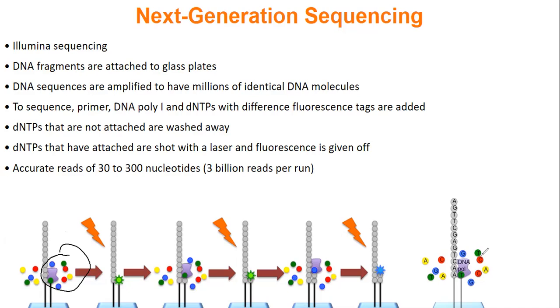So for example, the way this little cartoon is colored, T would be green, G is blue, C is red, A is yellow. And through some kind of secret magic that Illumina doesn't tell us how it's done, they have engineered their nucleotides to only ever attach one at a time.